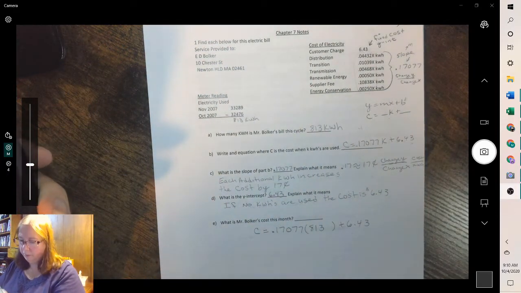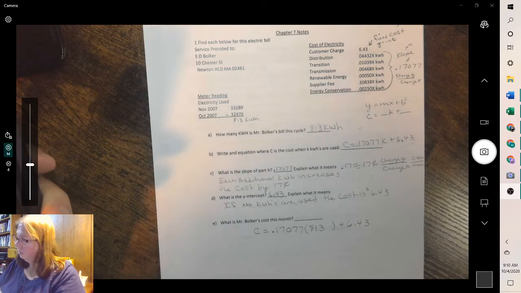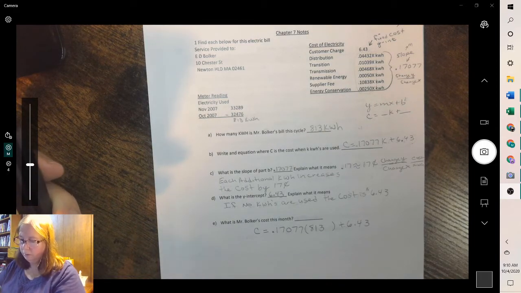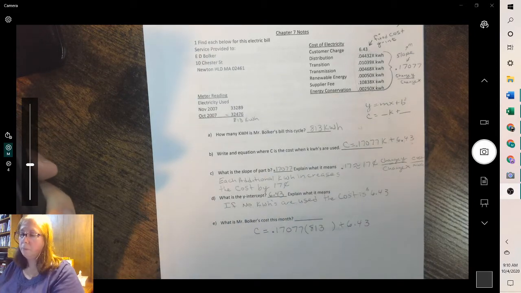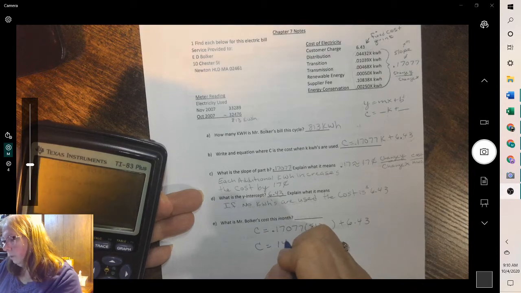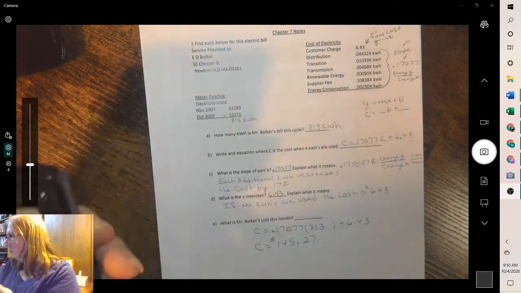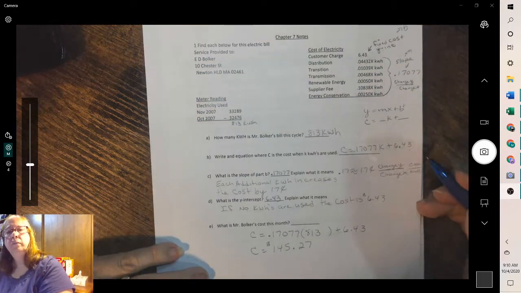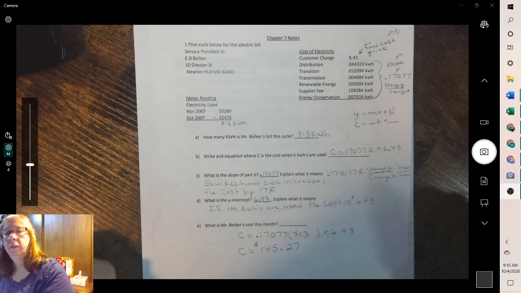Plug that into your calculator. We get $145.27. So that's how much his bill would be for this month.